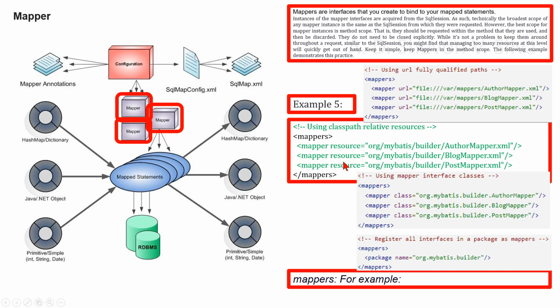You can use class path relative resource references, fully qualified URL references, including file:/// URLs, class names, or package names, for example here.